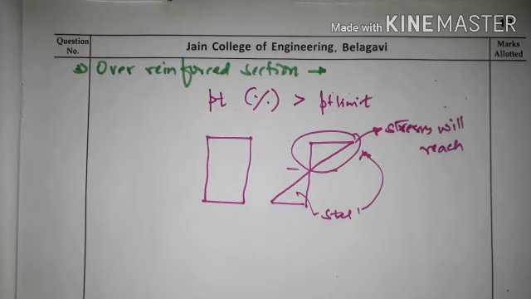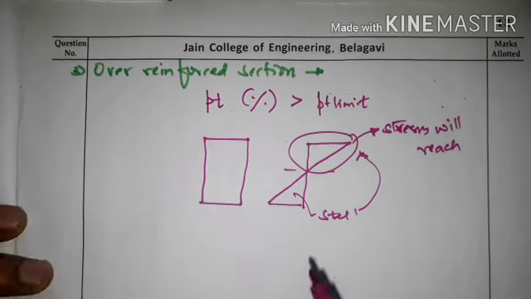Understood? Steel has not reached the maximum tensile stress, but simultaneously the concrete is undergoing compression, and the concrete will crush. There is a possibility of sudden failure due to crushing of concrete.